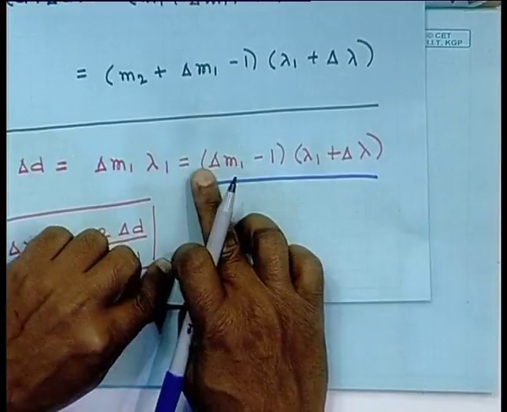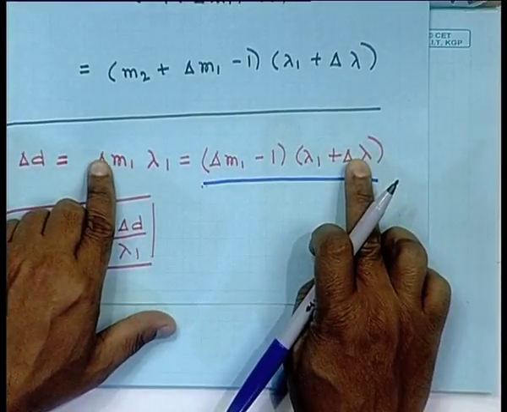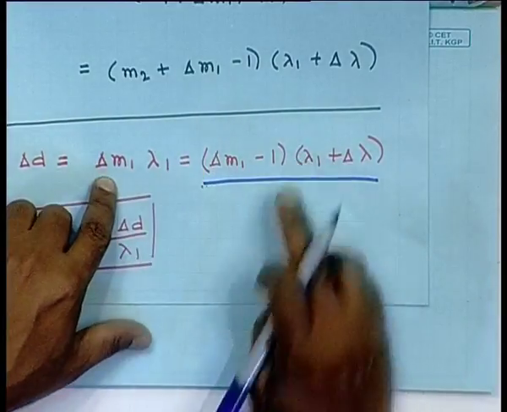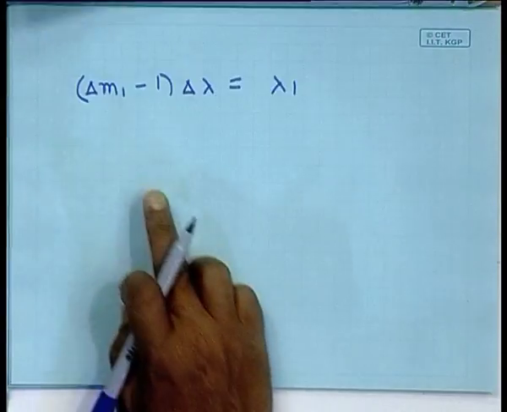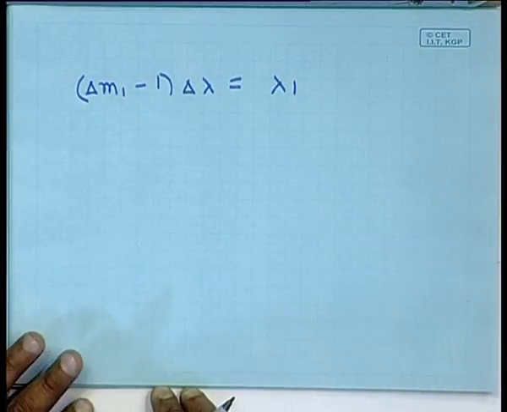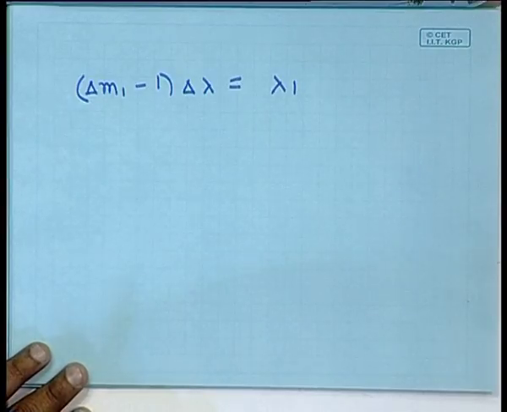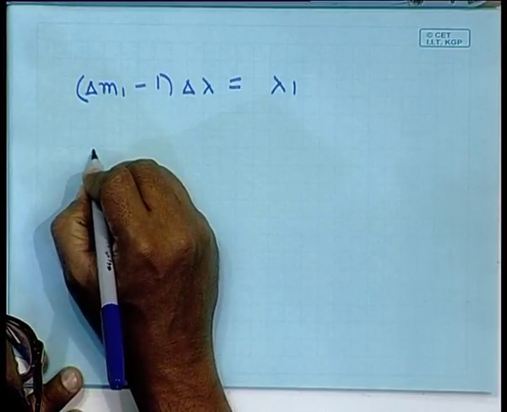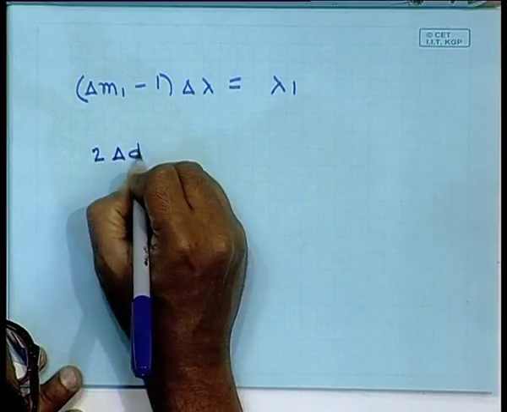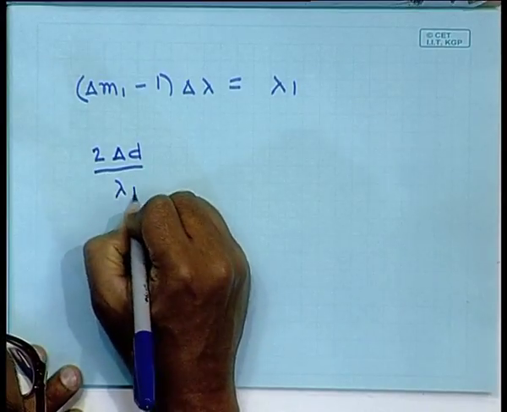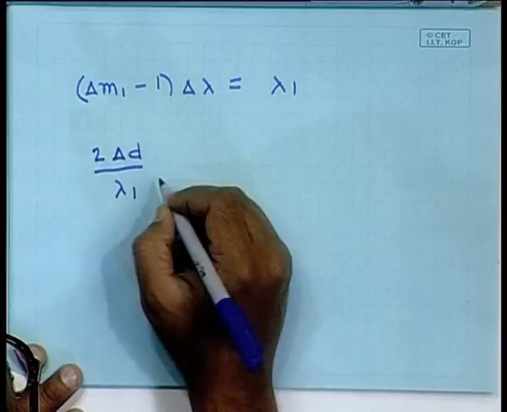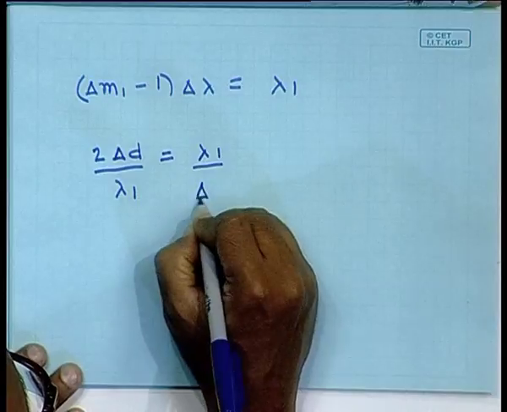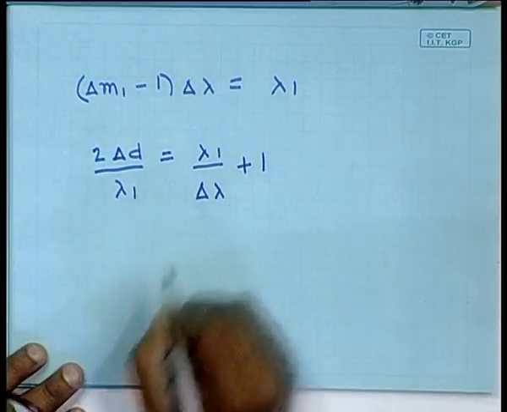I have just rearranged the terms after having cancelled out the term delta m1 into lambda 1 from both sides. This is what I get, and we could write this as 2 delta d by lambda 1, this is delta m1, is equal to lambda 1 by delta lambda plus 1.